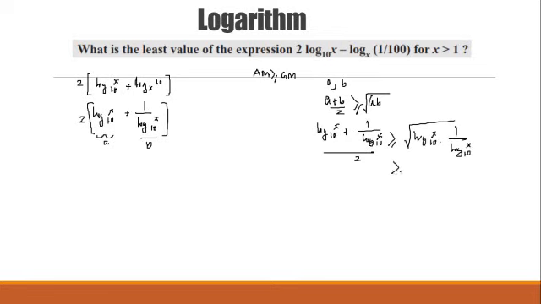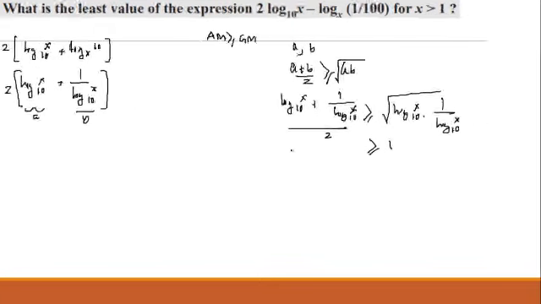The right hand side becomes equal to 1, because these two numbers cancel each other. So on the left hand side we get log of x base 10 plus 1 upon log of x base 10 should be greater than or equal to 2.